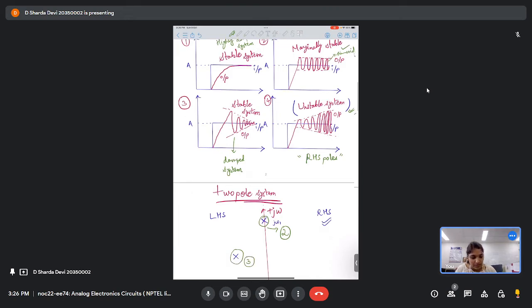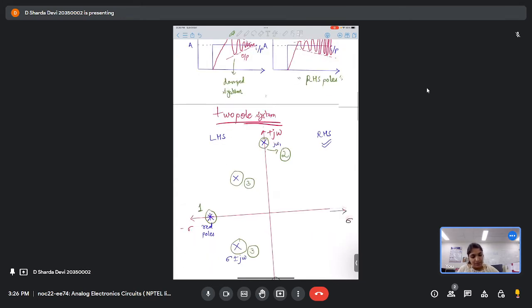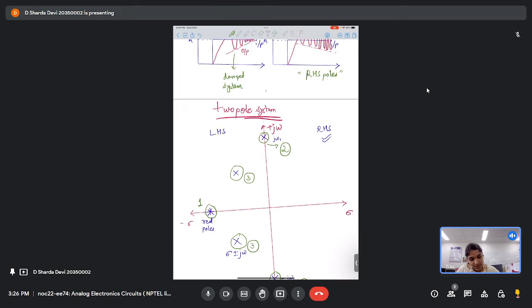It is system 1. And if we talk about stability, stability also works in this order. So this is the most stable, this is marginally stable, and this system is moderately stable.